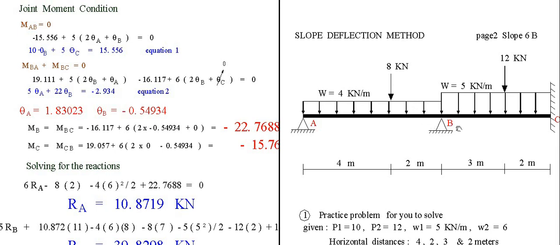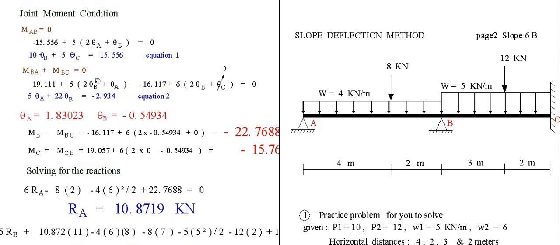So they are equal but opposite in direction. So if you add moment BE plus moment BC, plus and minus must be 0. That is why you formulate this, so that moment BA plus moment BC is equal to 0.